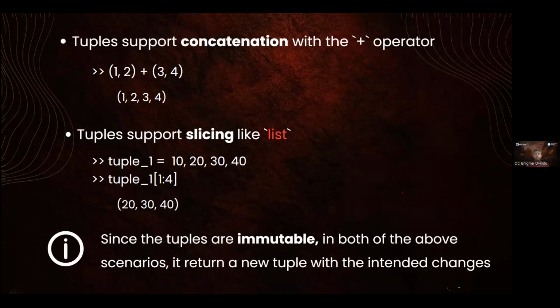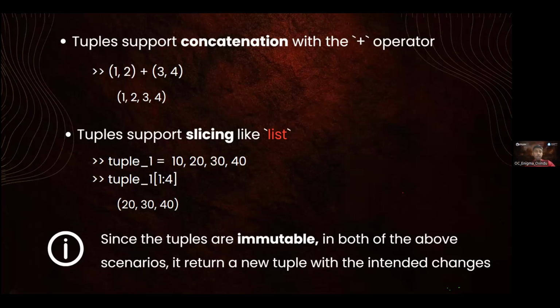That is something that you can try out by concatenating two tuples. And it is also similar to lists in the sense where you can index the elements and access them by giving in the starting and ending indices.